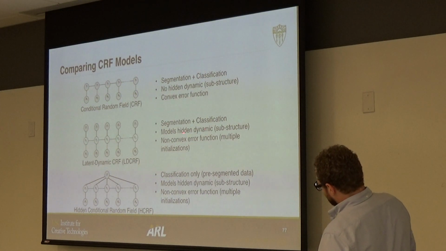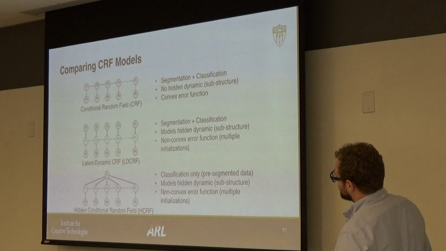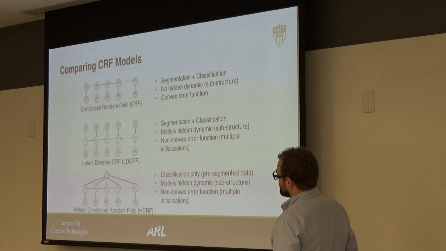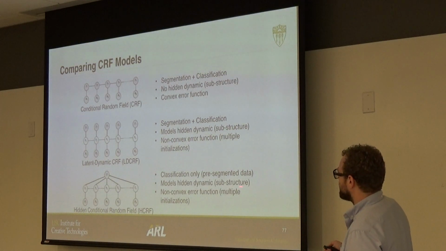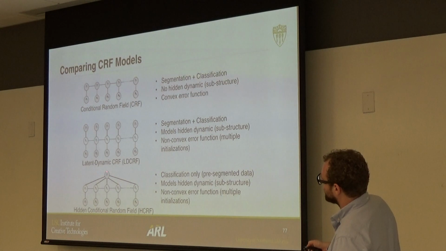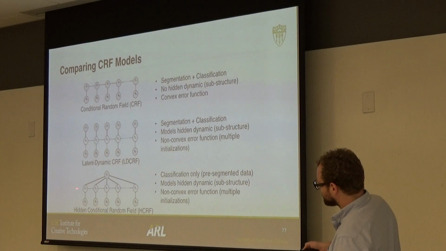They do have hidden dynamics and substructure. However, that also means that they're not convex anymore. There are different initializations that are possible. And then there's also the HCRF, the hidden conditional random field, where you basically model a constant class with hidden dynamics.